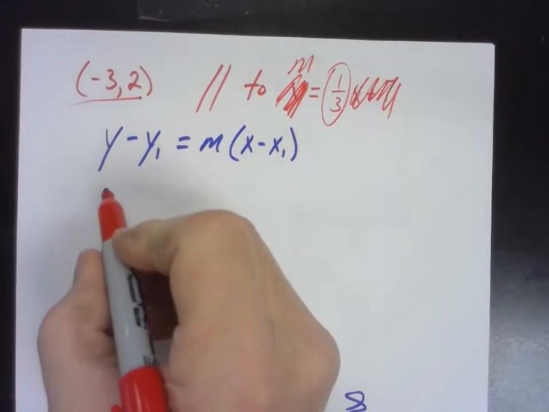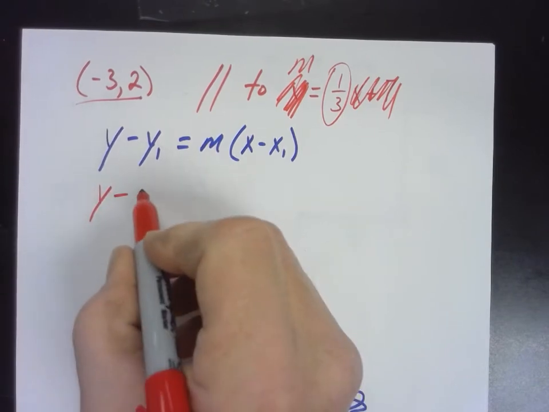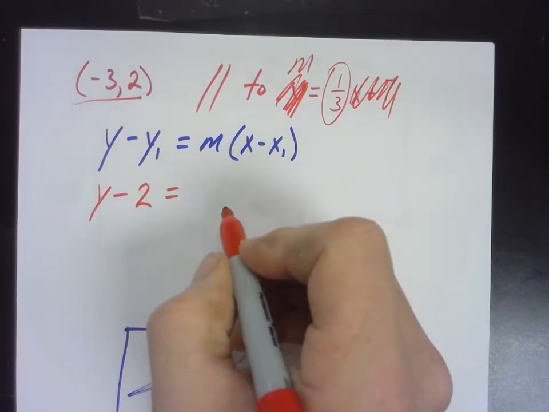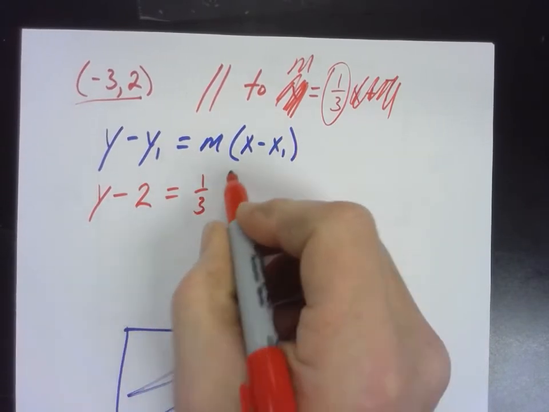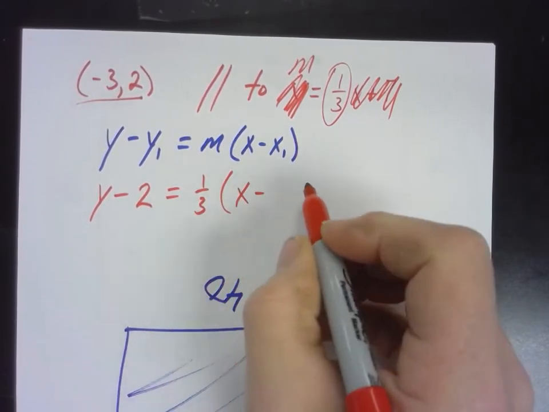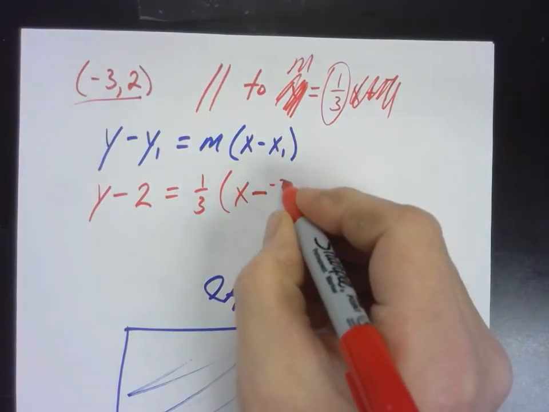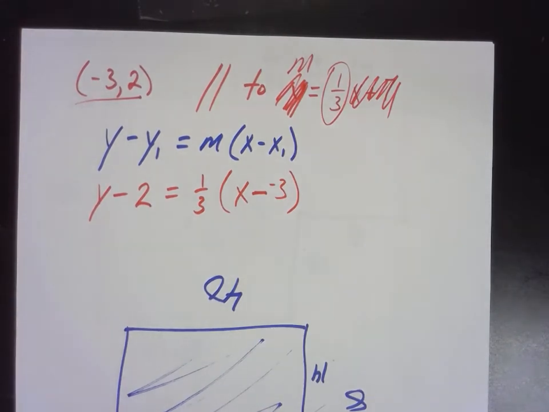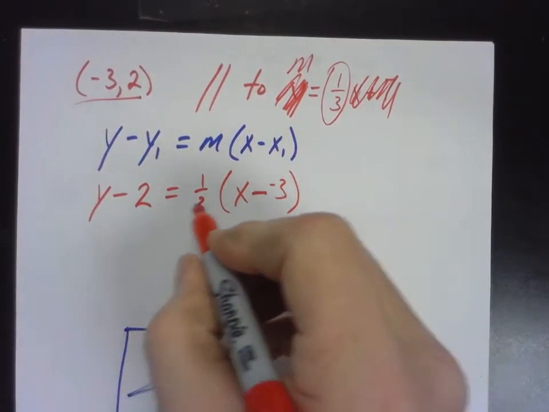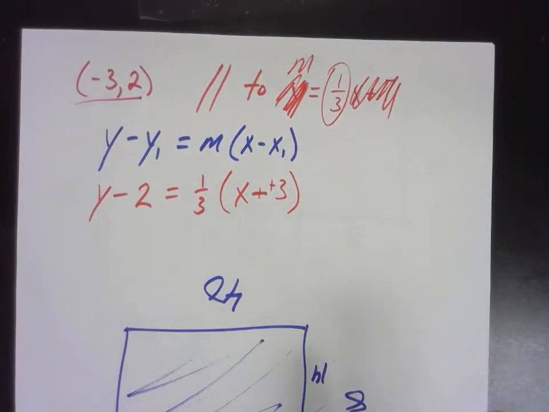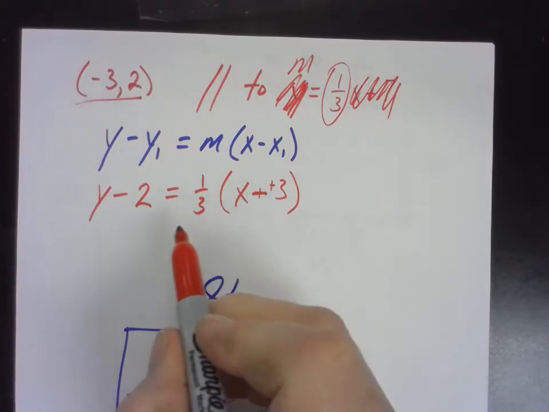So y minus 2, that's the y value of our point, equals our slope, which is 1/3, times x minus our x value, which is -3. And if you're going to mess up, that's probably where it is, right? You're not going to get the double negative. This becomes +3 then. And then when we solve an equation, remember, it's always eliminate the parentheses.